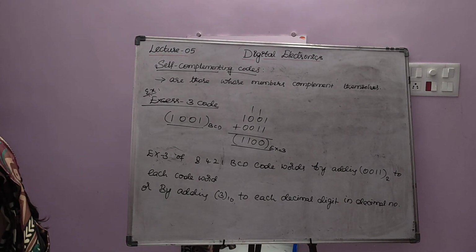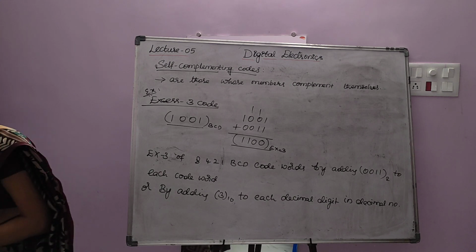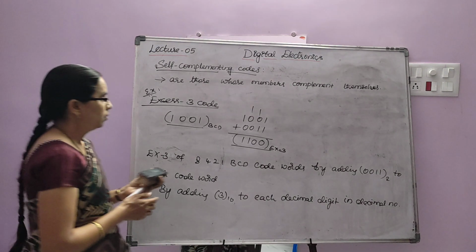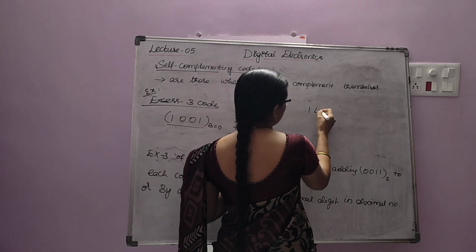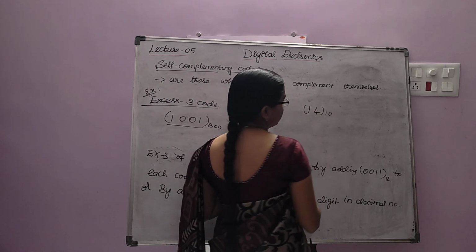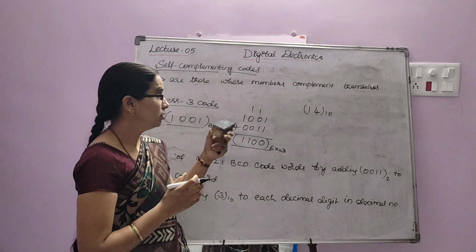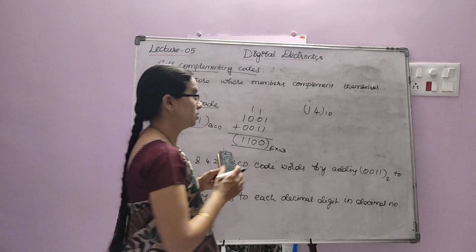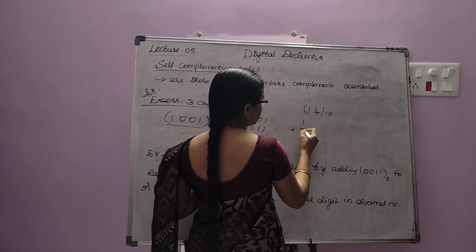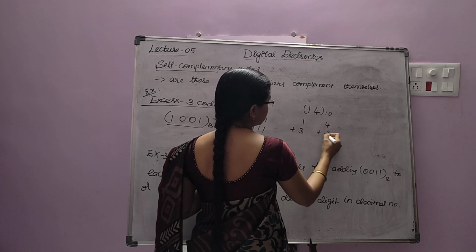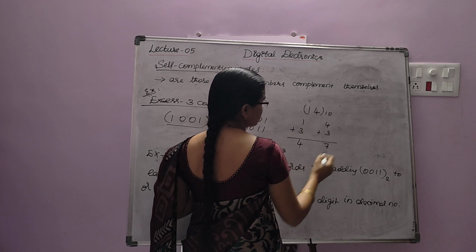Or take another example. 14 is a decimal number. If you want to convert this decimal 14 into XS3, you have to add 3 to each digit: 1 plus 3 is 4, 4 plus 3 is 7.